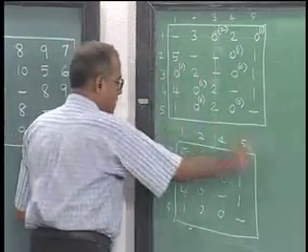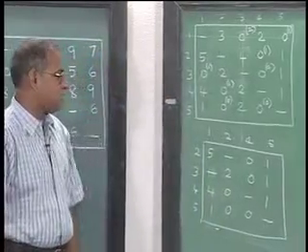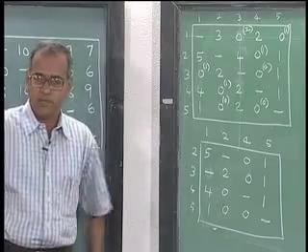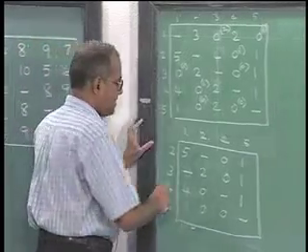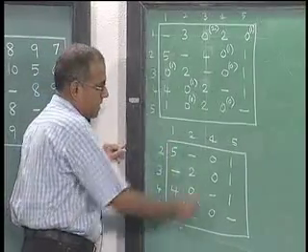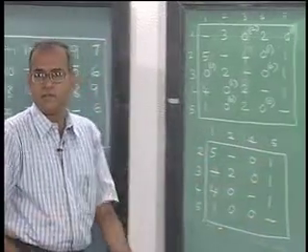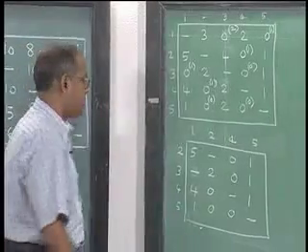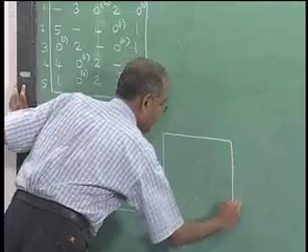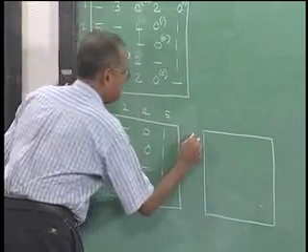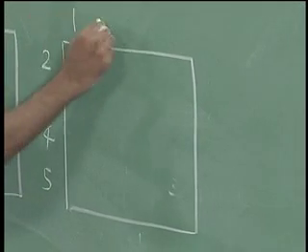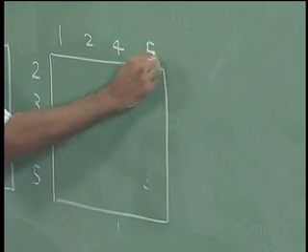Now, in this reduced matrix, we have to check whether every row and every column has an assignable 0. We realize that all the 4 rows have zeros, but this column and this column do not have zeros. So, subtract the column minimum. So, this will now change to 2, 3, 4, 5, 1, 2, 4, 5.